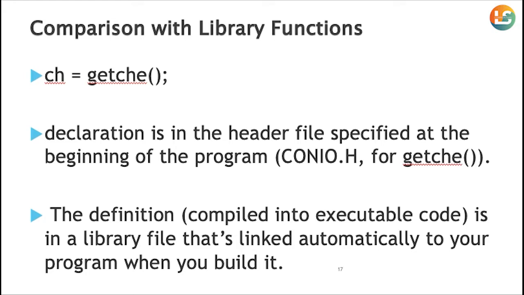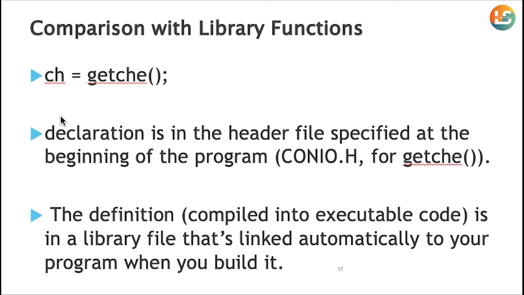Before moving forward, there is a very important thing: to compare the library function with the programmer or user defined functions. In library functions, for example, you also know this getche function. ch is equal to getche function. This function is a library based function. This function's declaration and definition, we are not going to write it, we just call this function because this is an already defined function within our header files.